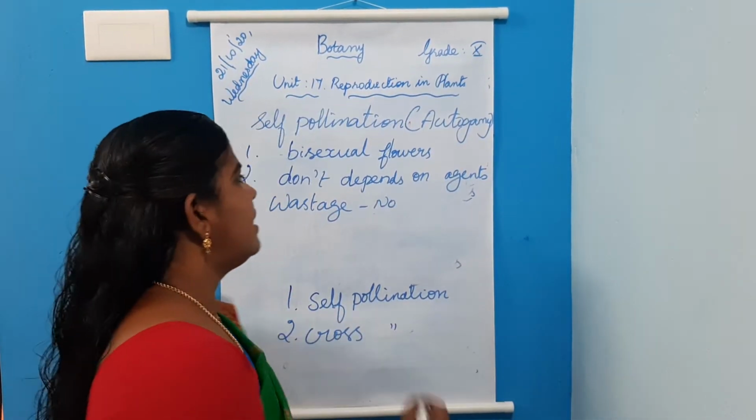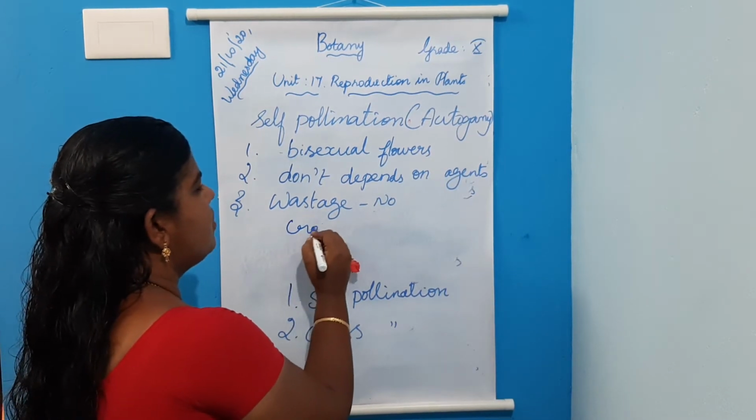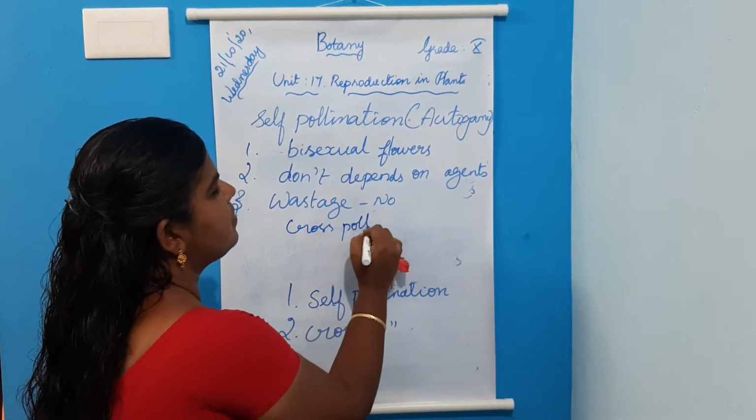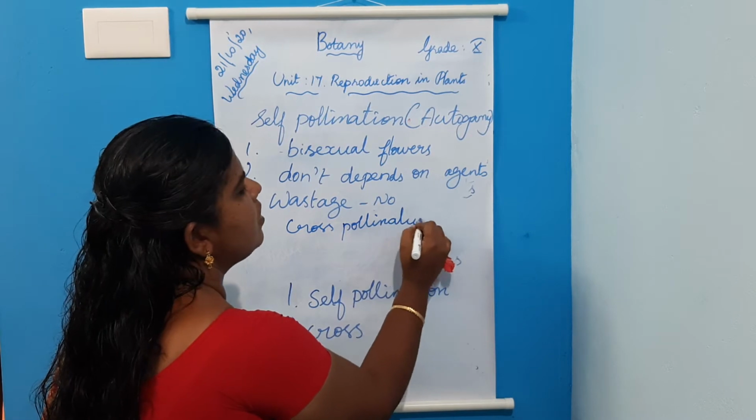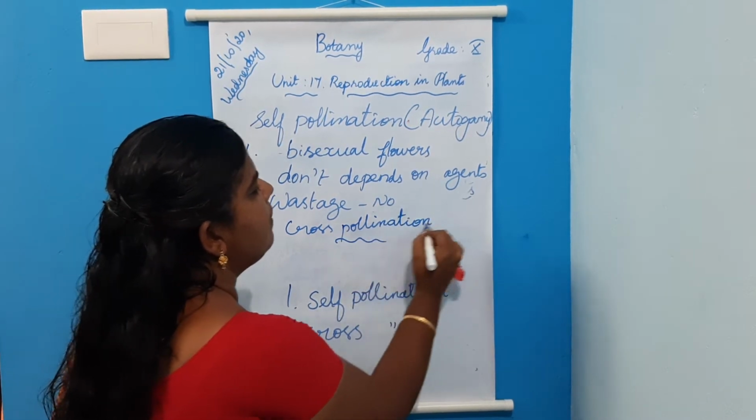Next, what is the next type? Cross-pollination. It is also called allogamy.